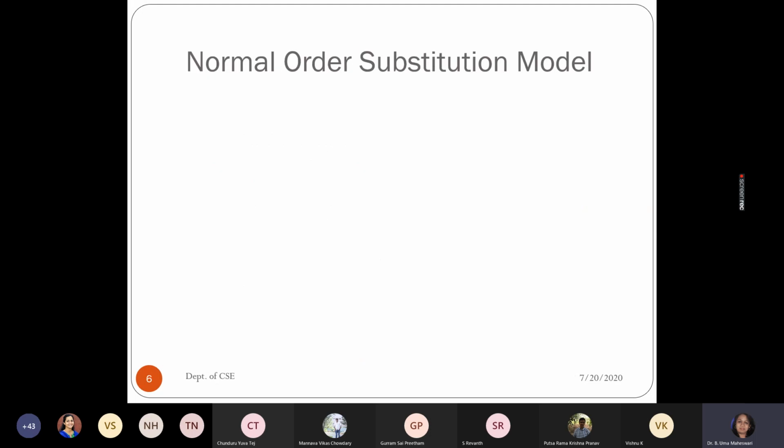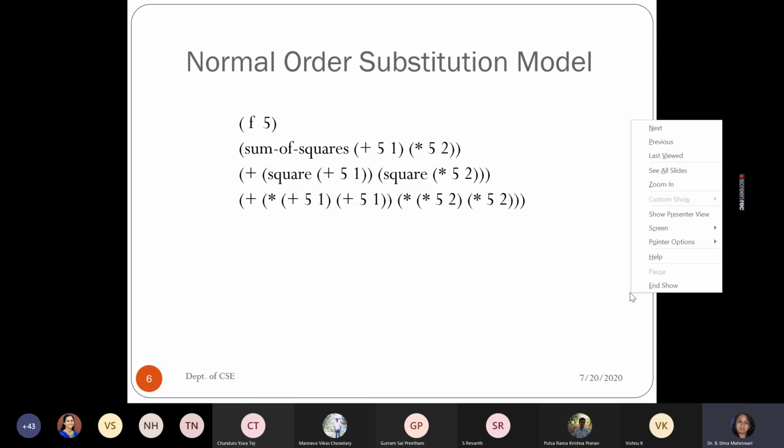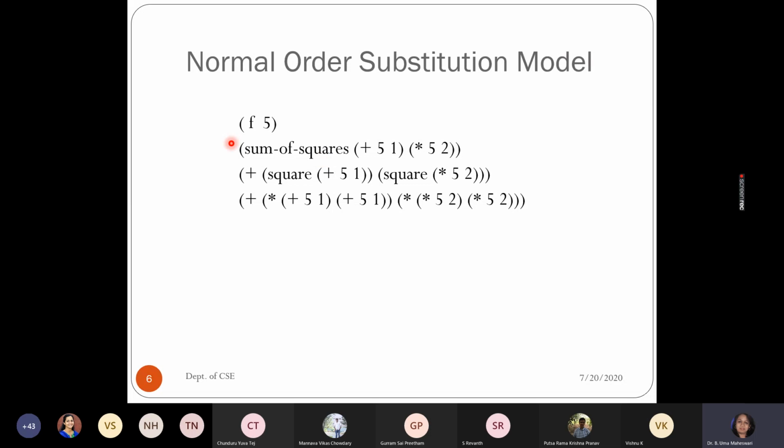Next we go to the normal order substitution model. This is another method: how the function is called and what is happening inside. Let us see. Here you are calling f of 5, and f is calling sum of squares, and instead of a, 5 is substituted.